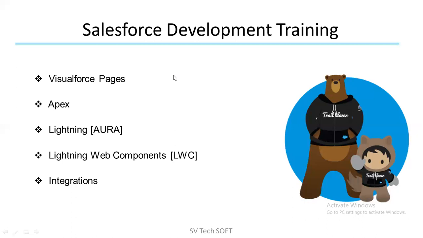Recently, if they start any project, no one is using Visual Force pages. But some existing clients and companies still use Visual Force pages because whoever developed their project 2 or 3 years back built it on Visual Force pages.